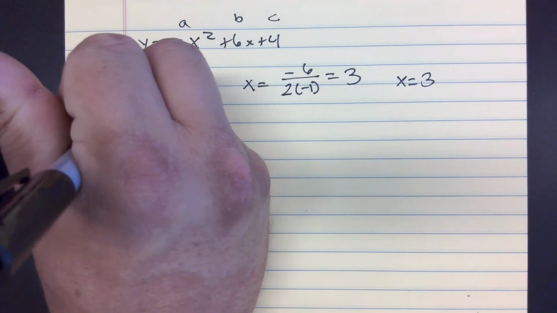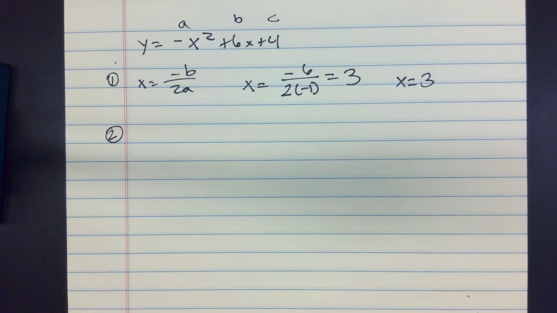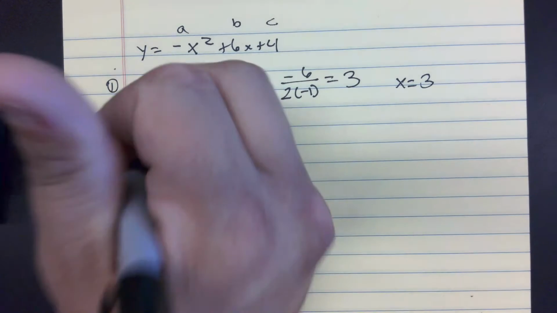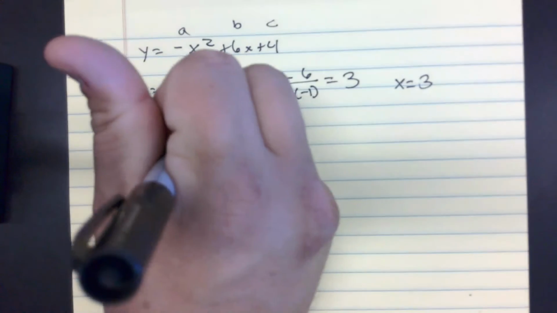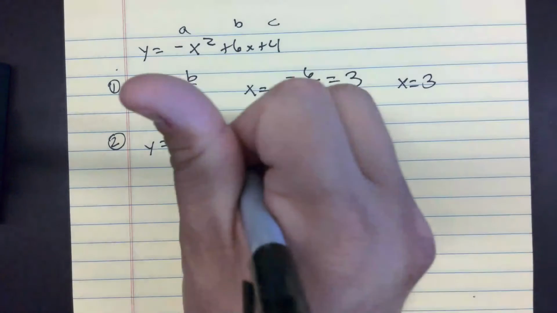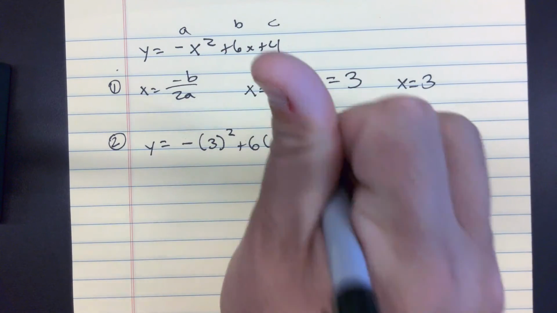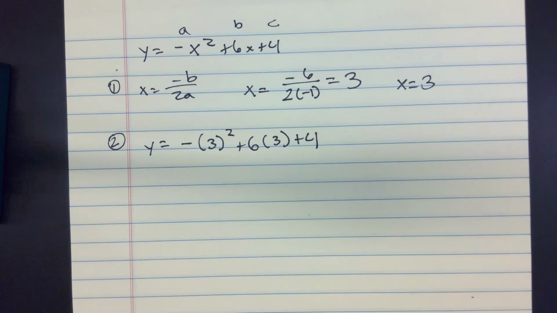Step number 2, we have to plug the line of symmetry back in to get our vertex, right? So we're going to have y equals negative 3 squared plus 6 times 3 plus 4. I see this get more people than any other thing on this whole graphing.